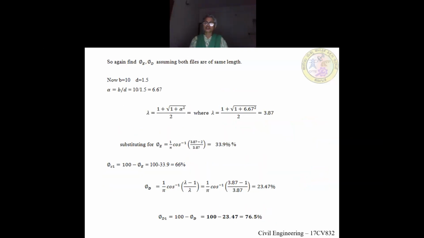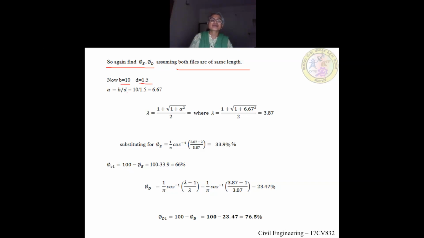So again you have to recalculate phi E and phi D. Those are for the actual case. Now to get phi C1 and phi D1, again we have to calculate phi E and phi D, assuming the same length of piles. So here B is equal to 10 and d is equal to 1.5. There it was 2.5.